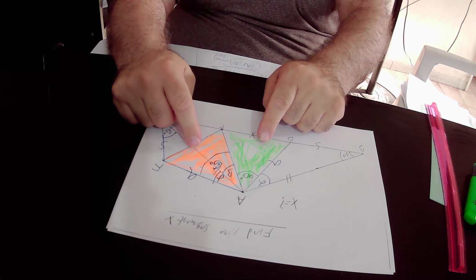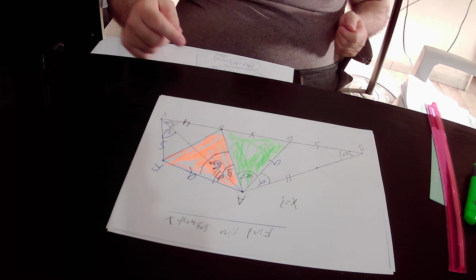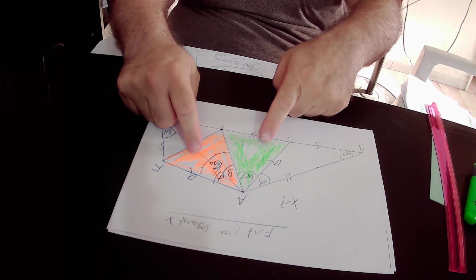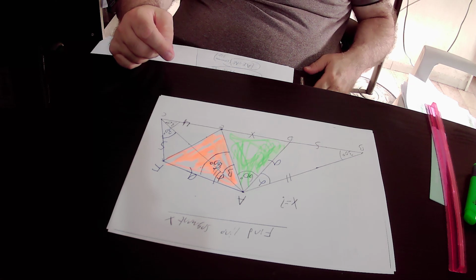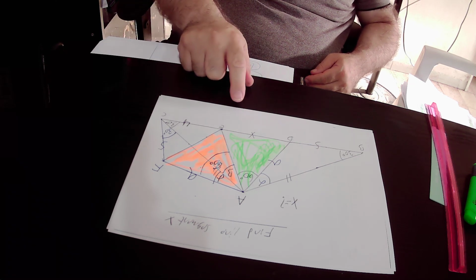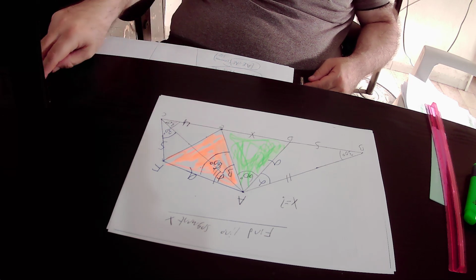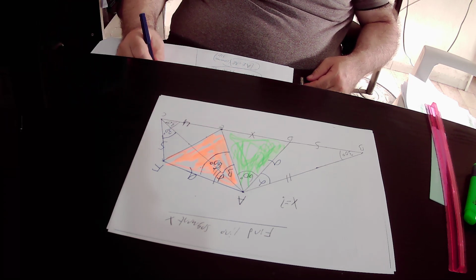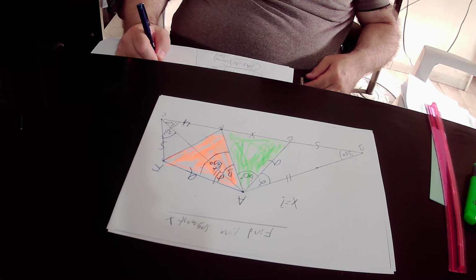Therefore, we prove that those two triangles can go into each other according to the side angle side rule. And from the fact that those two triangles can go into each other, we conclude that side DE equals side EF. So, write it down, side DE equals side EF.